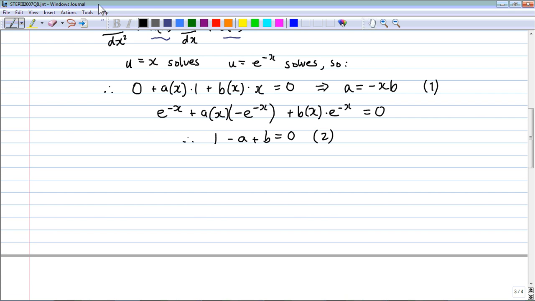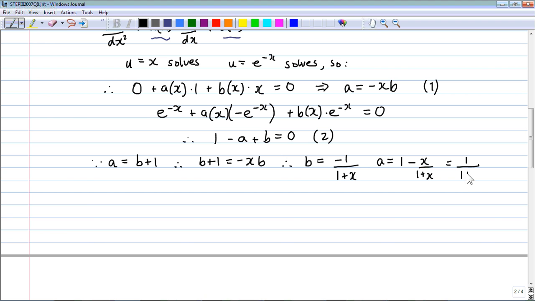So if we combine equation 1 and 2, because a is equal to b plus 1, so b plus 1 equals minus xb, so b times 1 plus x equals minus 1, so b is equal to minus 1 over 1 plus x, and a is equal to 1 plus b, which is 1 minus 1 over 1 plus x.